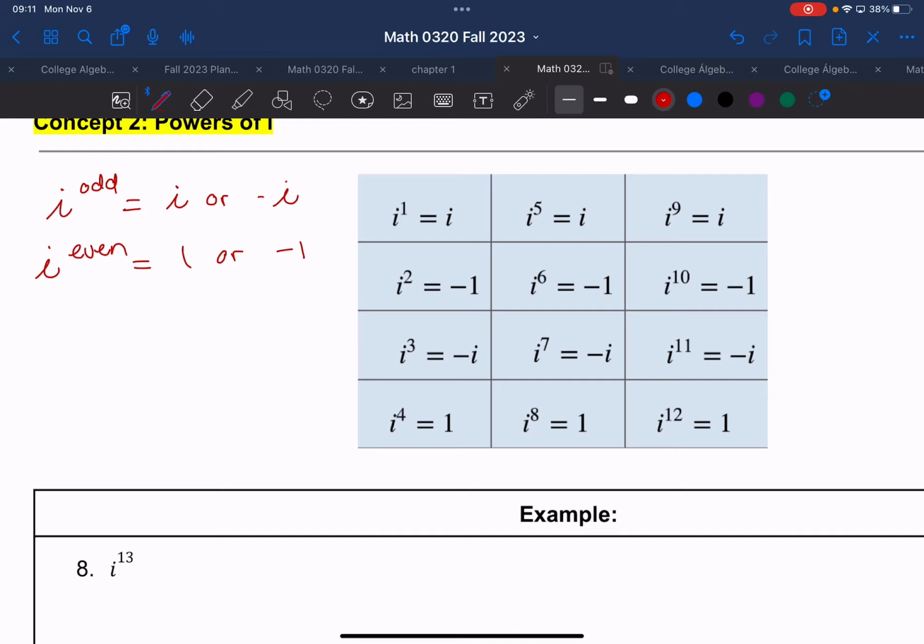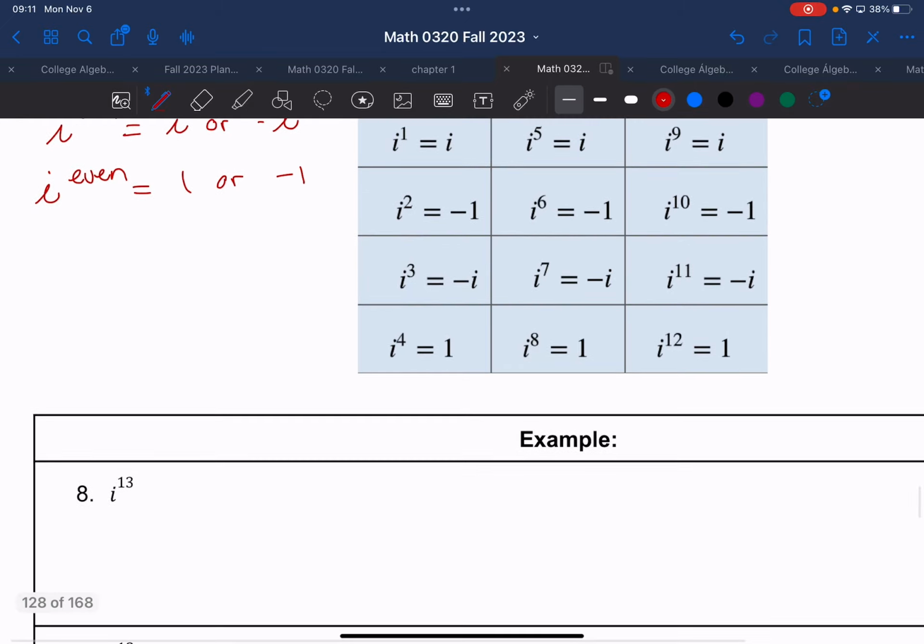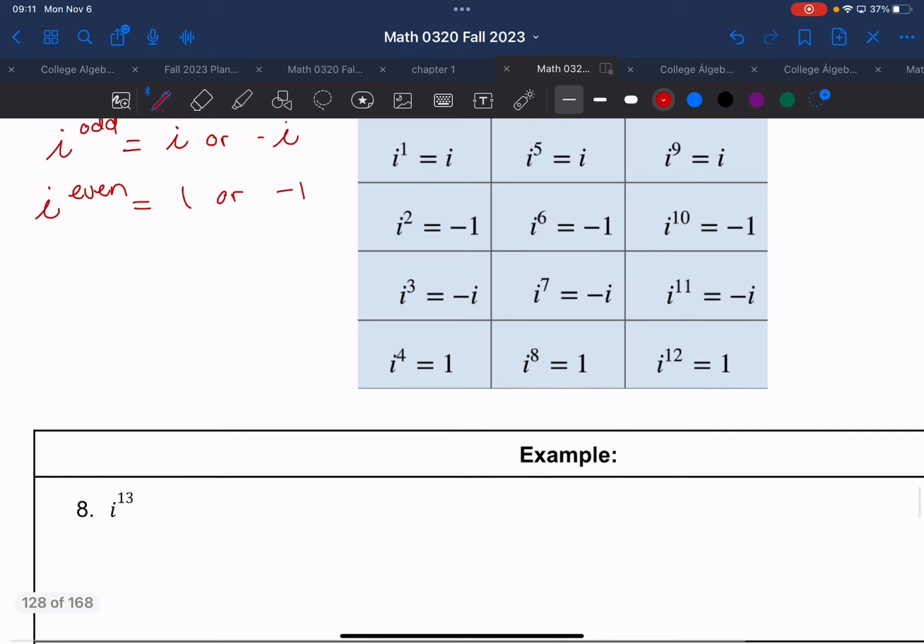So looking at number 8, we have i to the 13th power. So first of all, 13 is odd, so we know our answer is going to be either i or negative i. Okay.